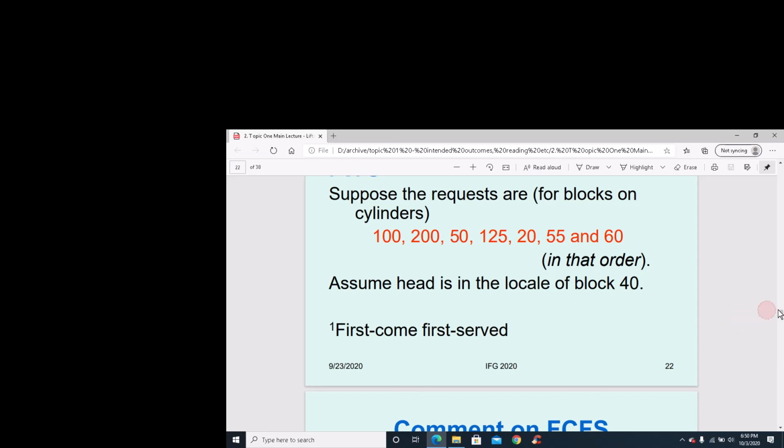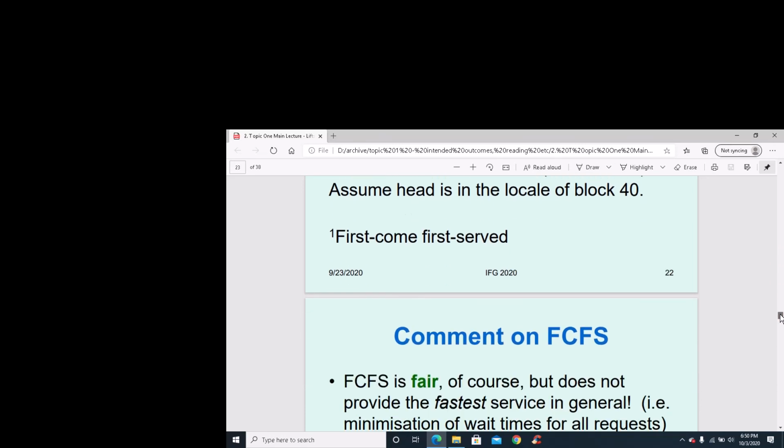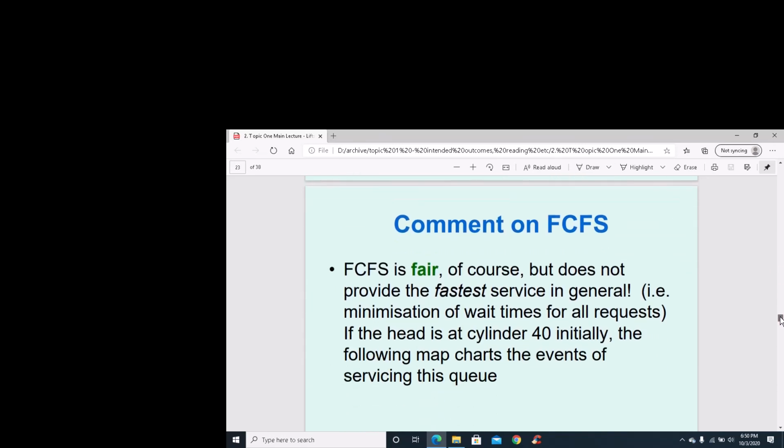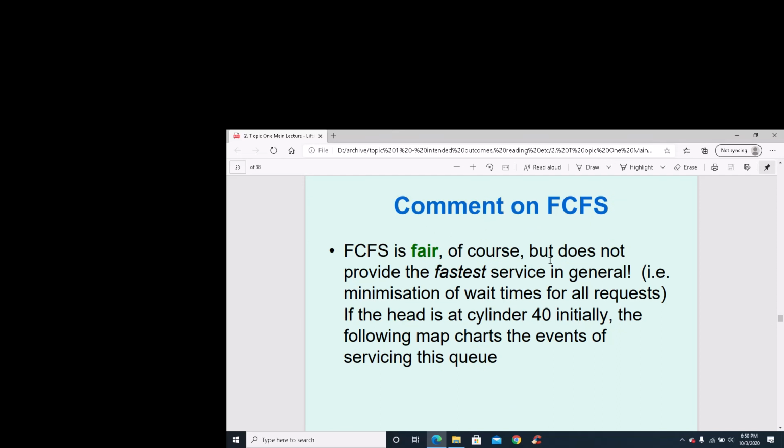First come, first served. So in some sense it's obviously fair, but I mean, I got my request in before you, and it's going to be serviced before your request. In some sense, it's fair, but it doesn't provide the fastest turnaround of servicing the requests in general.